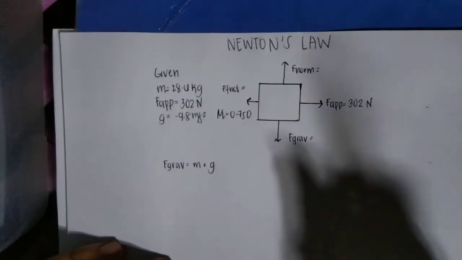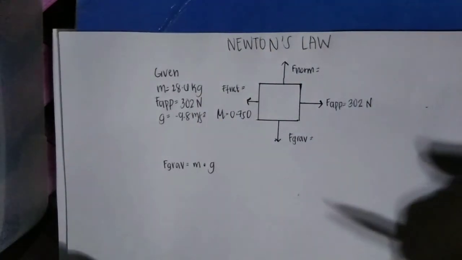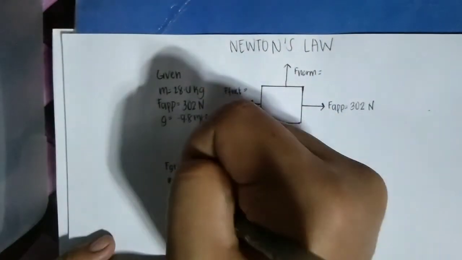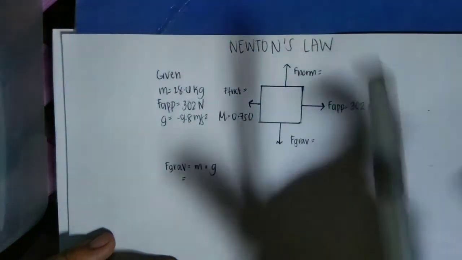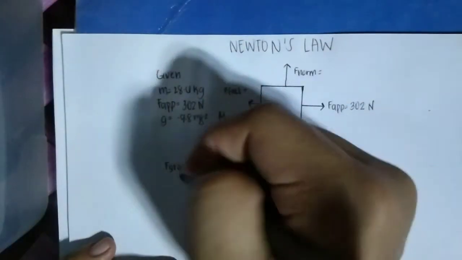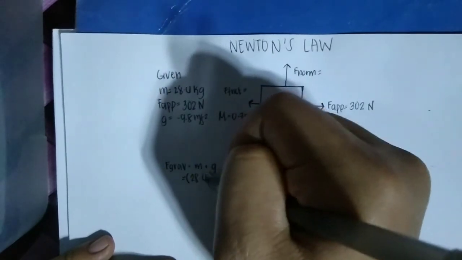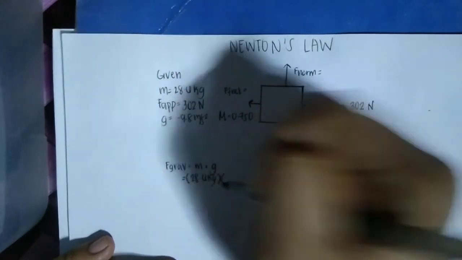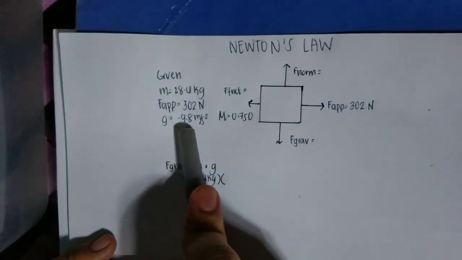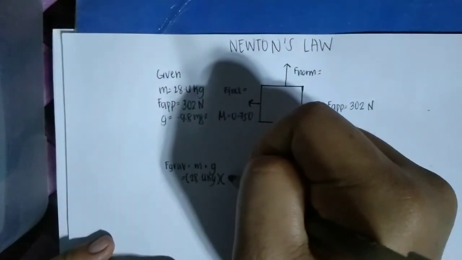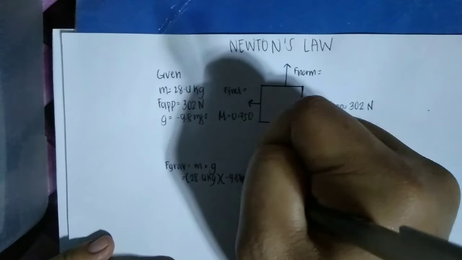So now let's get back to the F grav. We have the given, so let's substitute. Our mass is 28.6 kilograms, the mass of the crate. Then the gravity is equal to 9.8 meters per second squared.